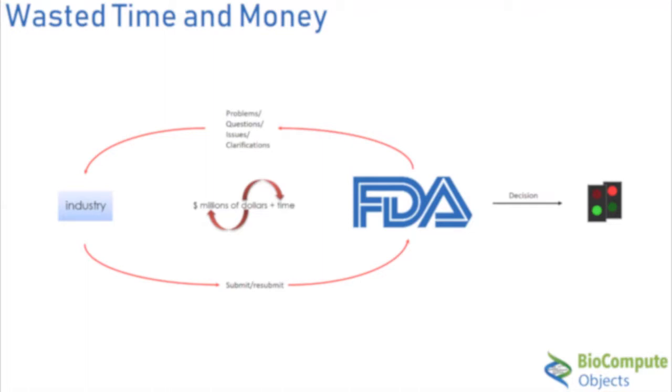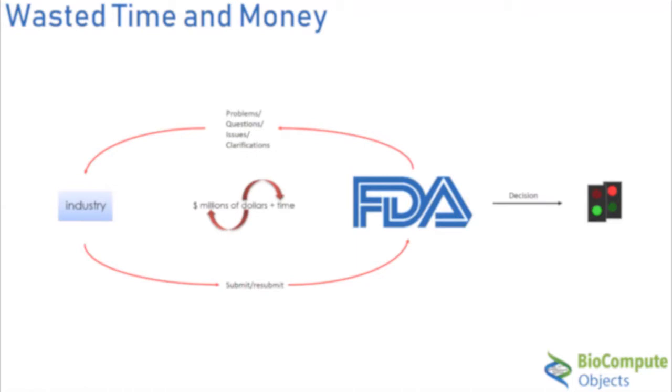So oftentimes what happens in submissions to the FDA is an industry sponsor will submit some data, and if that includes any sort of bioinformatic pipeline, the FDA will review it. Usually what happens is they'll have to kick it back to the industry sponsor with need for clarification or issues or questions or something along those lines.